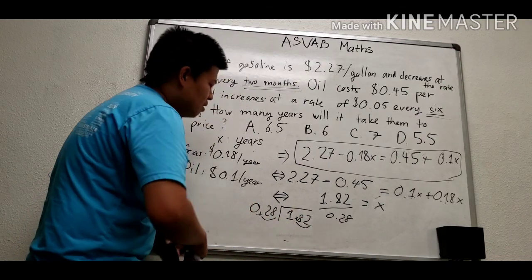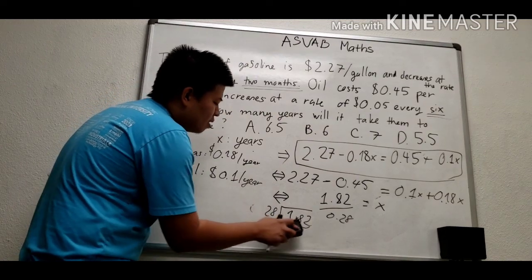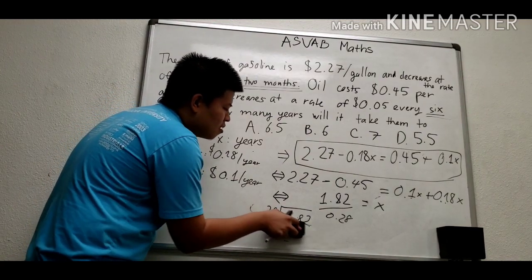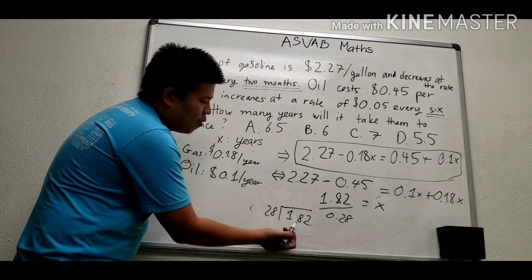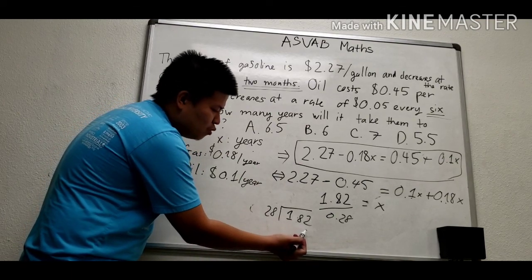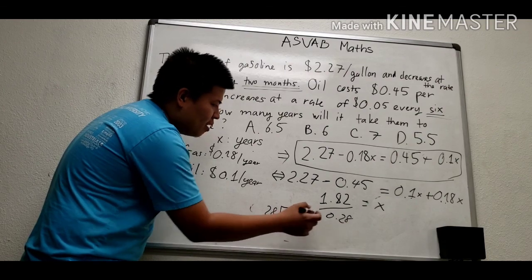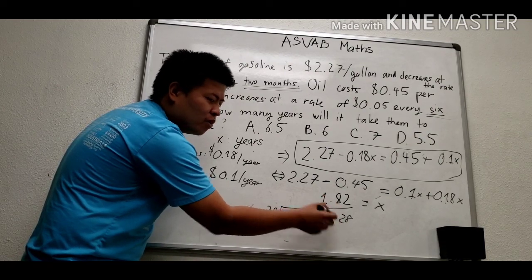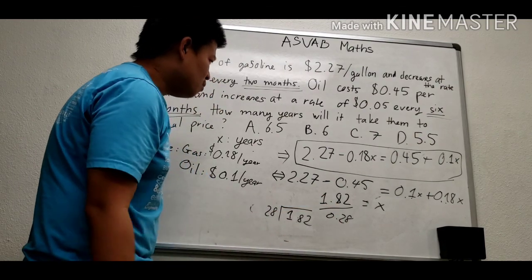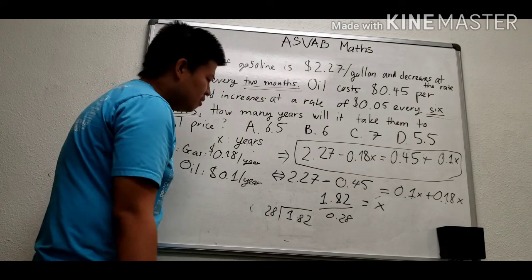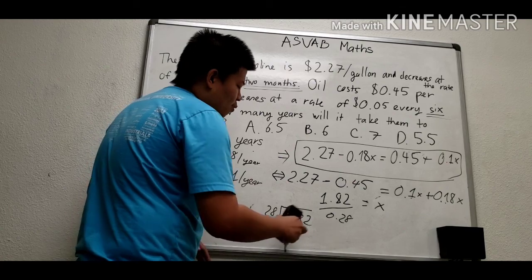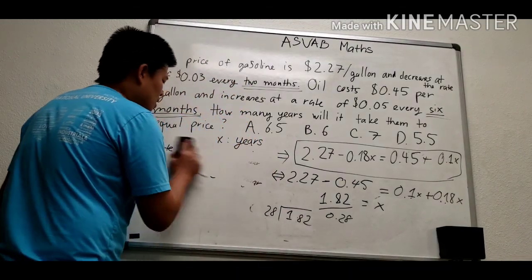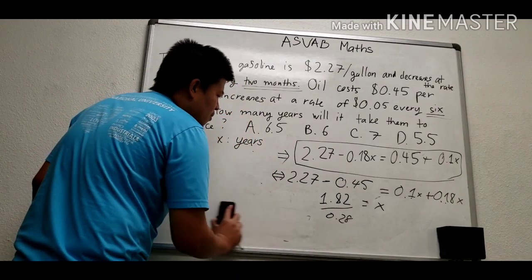So we can go about 182 divided by 28 because we just eliminate the decimal number. So that is so simple to calculate right here. In here we will go about 28 and 182. I just draw a little space.